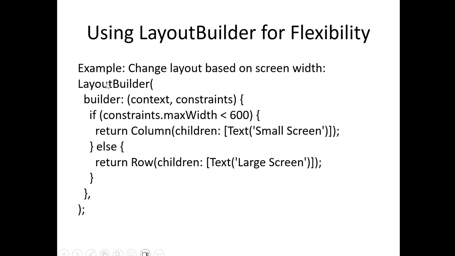In LayoutBuilder there is a constraint, and based on the constraint's max width we can change the orientation also. So here, if the width is less than 600 pixels, a vertical layout is shown. For larger screens, a horizontal layout is used. This is especially useful for handling tablets versus phones.